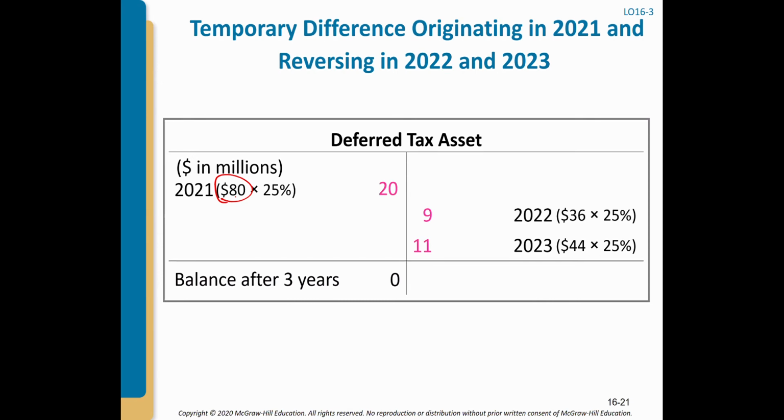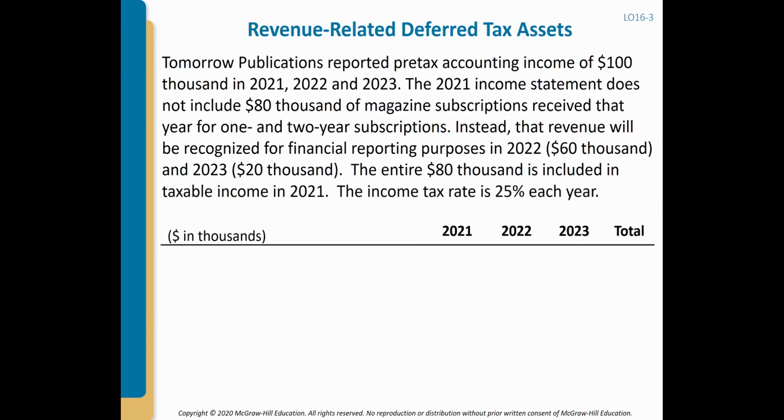That's why we said these are temporary differences. Over 3 years, no more differences. Total accounting income is going to be the same as total taxable income. It's just a timing issue. That's why I call it temporary differences.